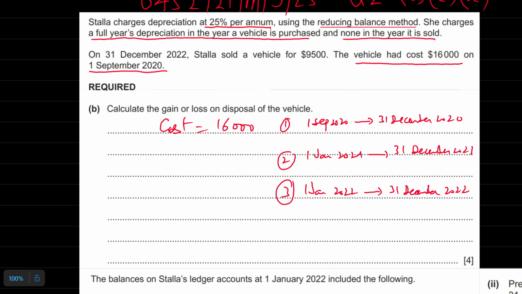Students, according to the policy, because full year's depreciation is charged in the year of purchase, that's why we will ignore 4 months and calculate depreciation of full year.